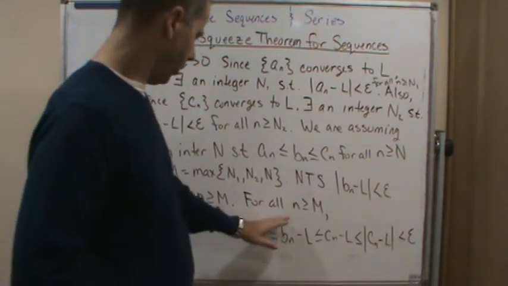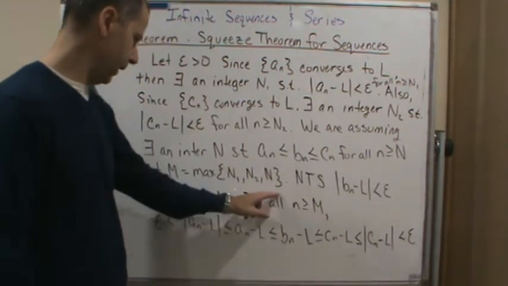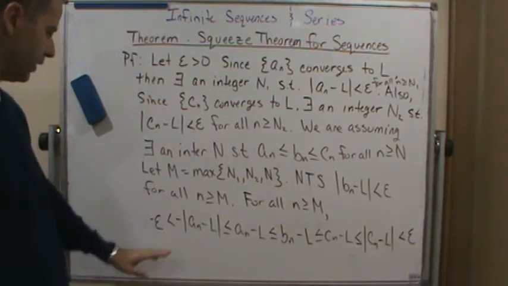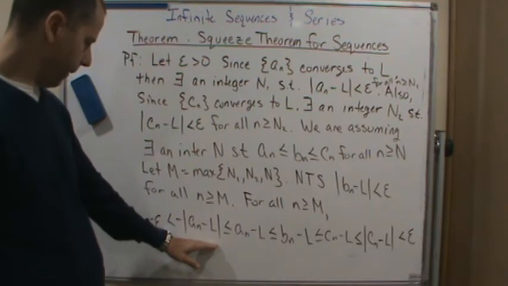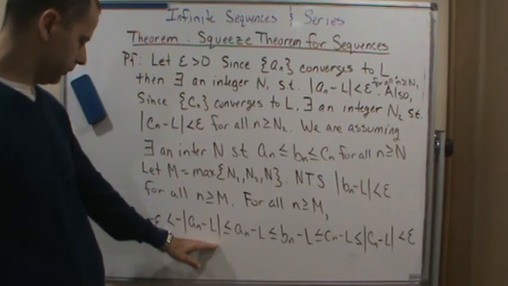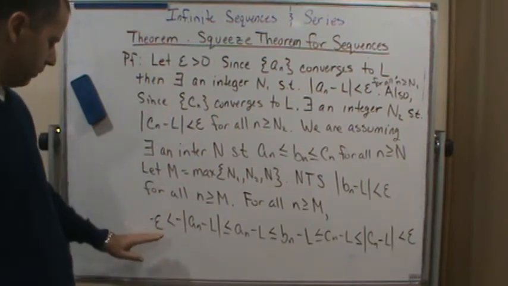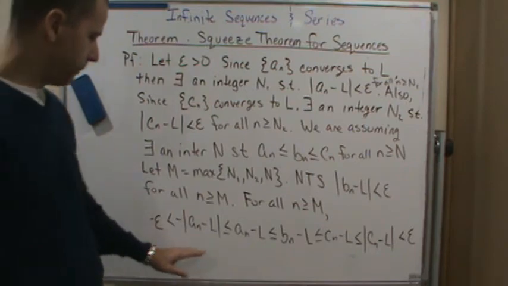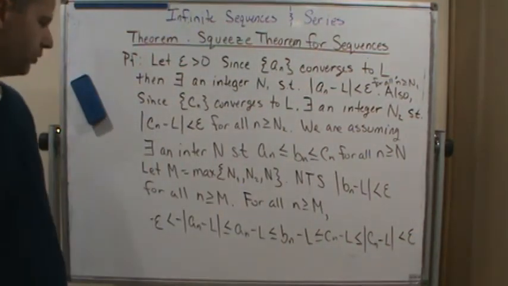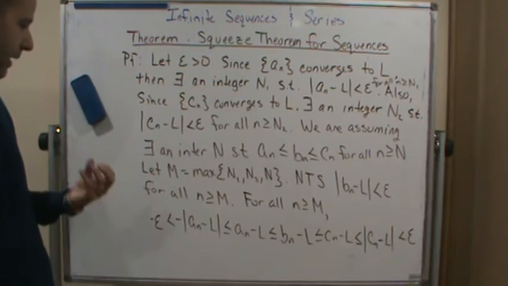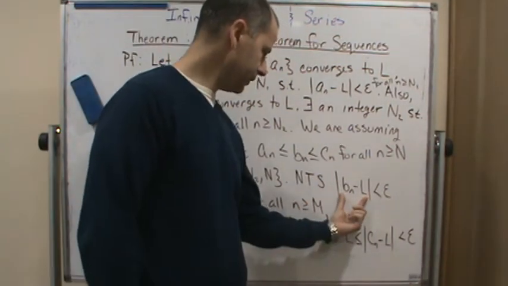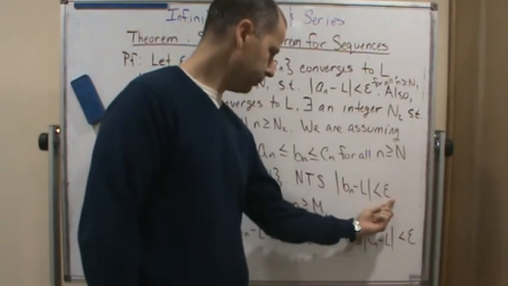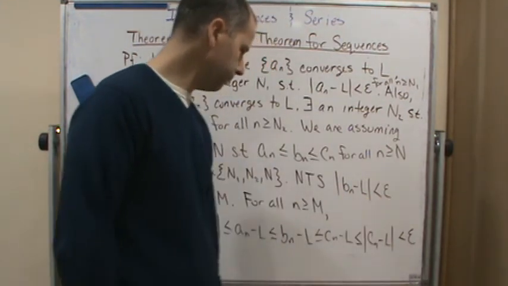We know for all n greater than or equal to m, which is the maximum of these three, that this is between negative epsilon and epsilon. So what are we trying to do? We're trying to say that this b sub n minus L is in between plus or minus epsilon.